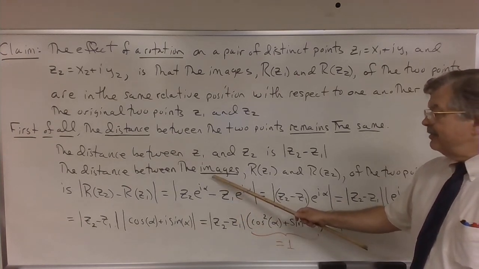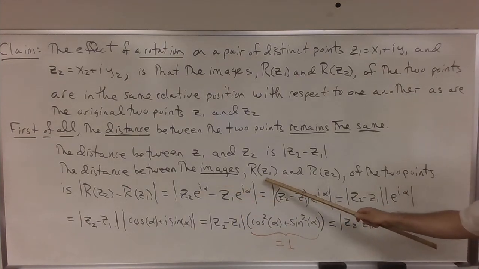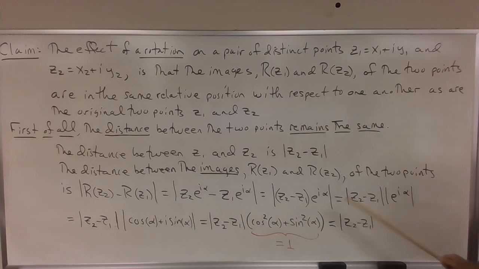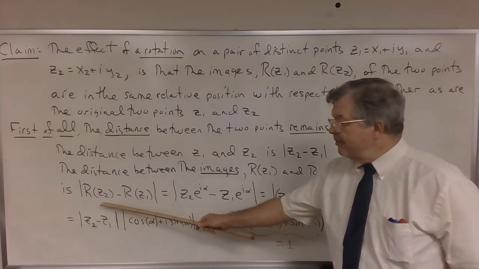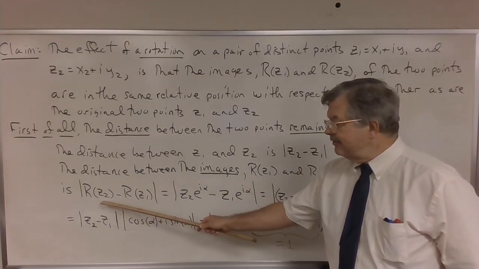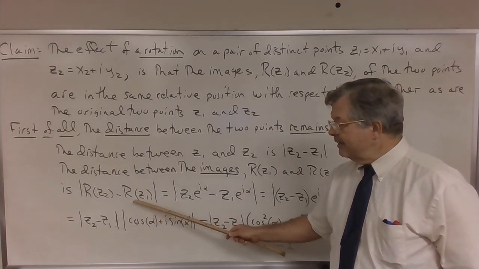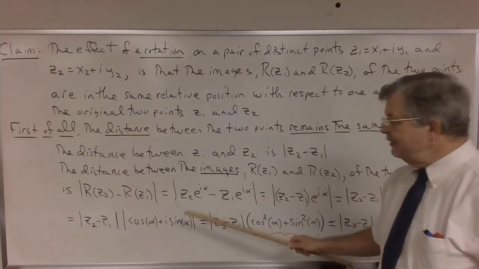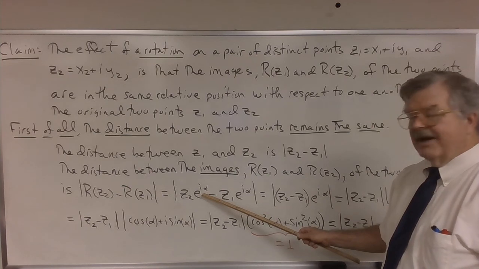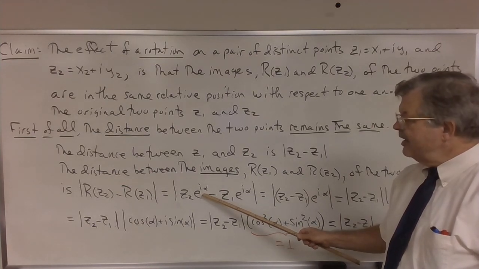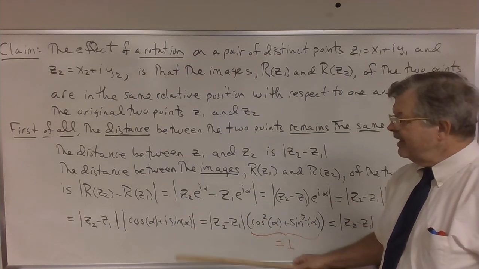Now, the distance between the images, r of z1 and r of z2, of the 2 points is the modulus of r of z2 minus r of z1. And r of z2 is z2 times e to the i alpha, where alpha is the angle of rotation about the origin.